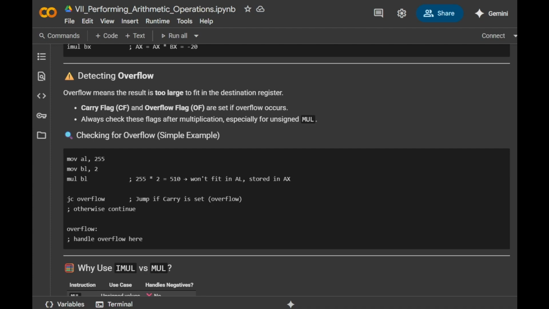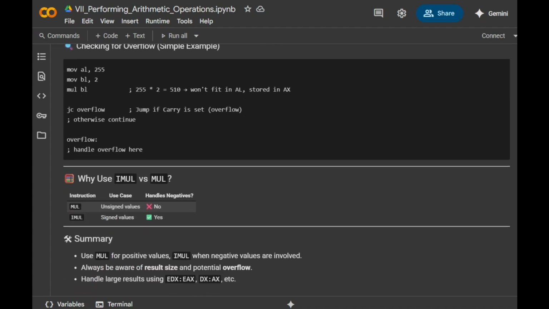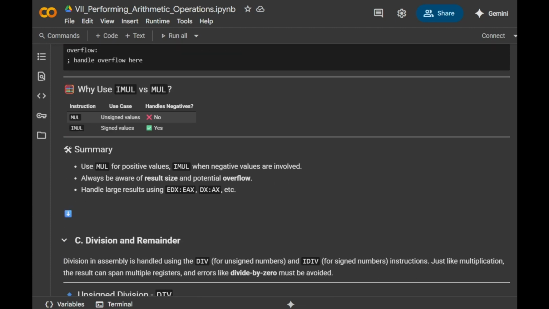This won't fit in the 8-bit AL register, so it's stored in the full AX register, and the carry flag will be set. We can use an instruction like JC, which means jump if carry, to handle the overflow. To summarize, use MUL for unsigned values and IMUL for signed values. Always be aware of the result size and check for overflow.